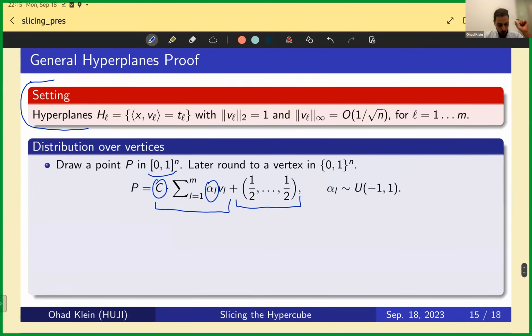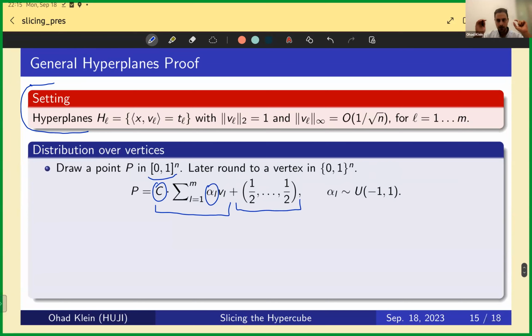Now we want two things from P. First of all, we want this point P to be inside the solid cube. This is the first requirement. The second requirement is that we want P projected on any V_L to have large variance.